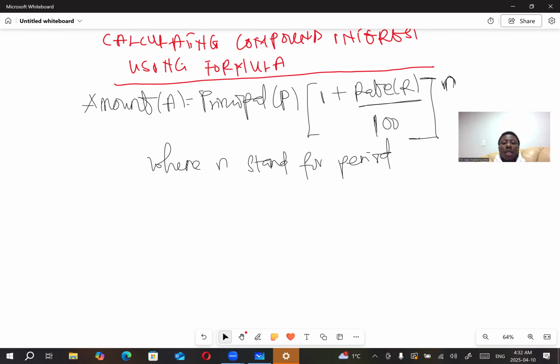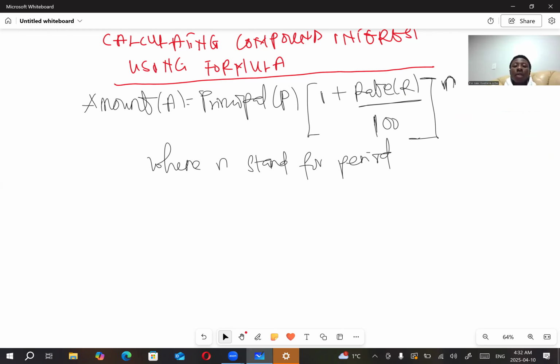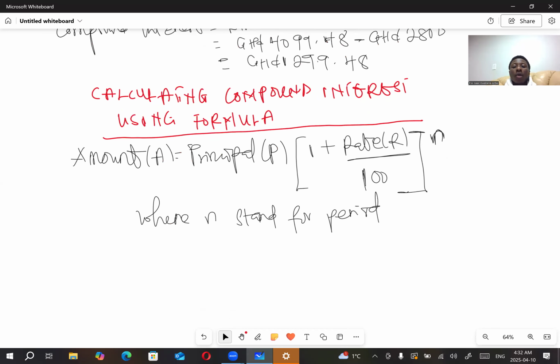So I'm saying there's a formula to calculate compound interest. So A, amount, is equal to principal into bracket 1 plus rate over 100, exponent n, and n stands for period.